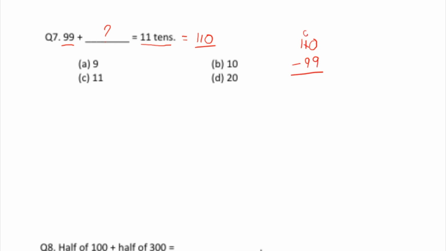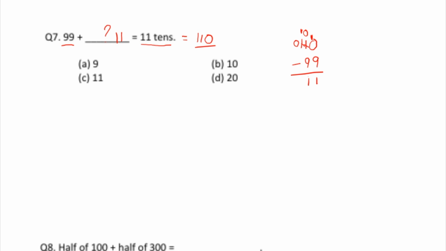This will become 0 and this will become 10. 10 minus 9 is 1, and this one becomes 0 and this will become 10, so this will become 11. So as we can see, 99 plus 11 will give us 110.